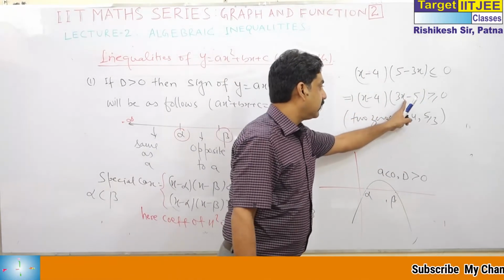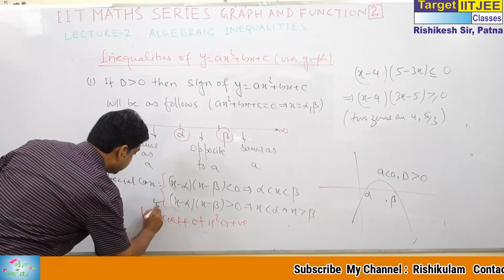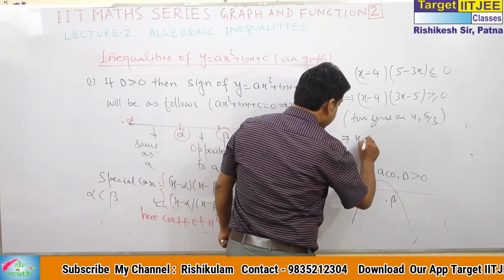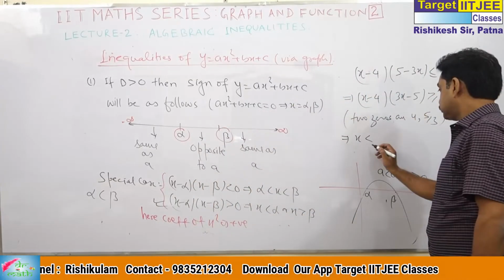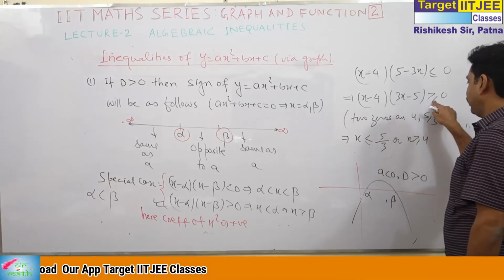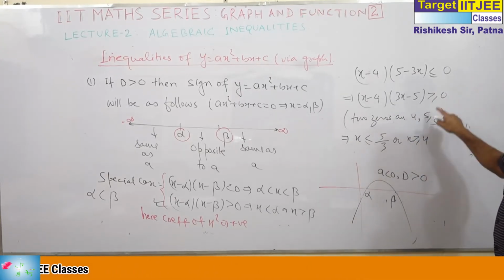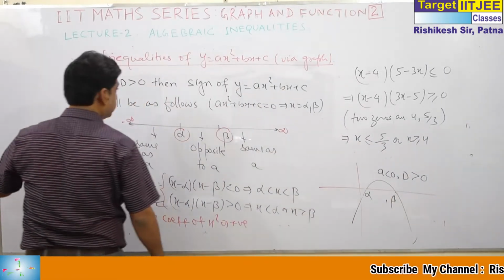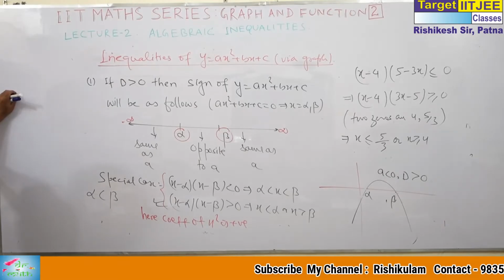When we make the coefficient of x square positive, it comes from this. So this we can write directly as x less than equal to 5 by 3 or x greater than equal to 4. If sign of equality is given here, put it. If not given, do not put it. So this is the first part, D greater than 0. The sign will be as follows.